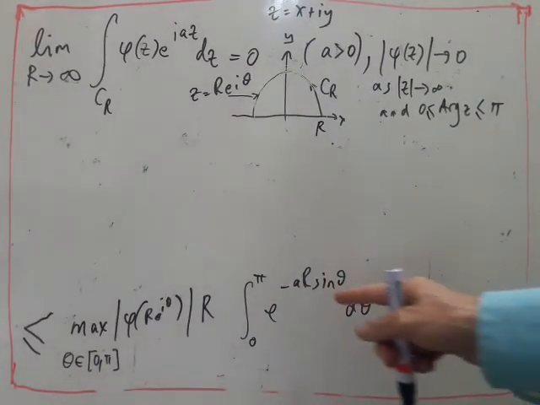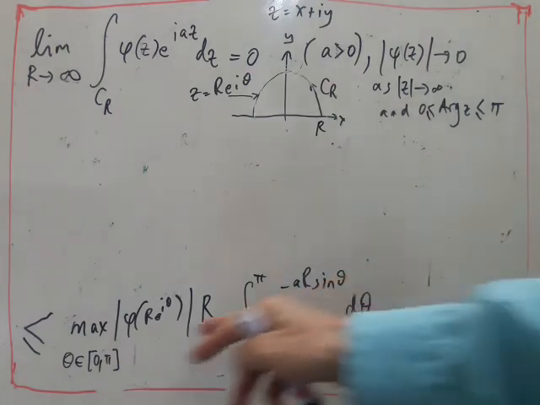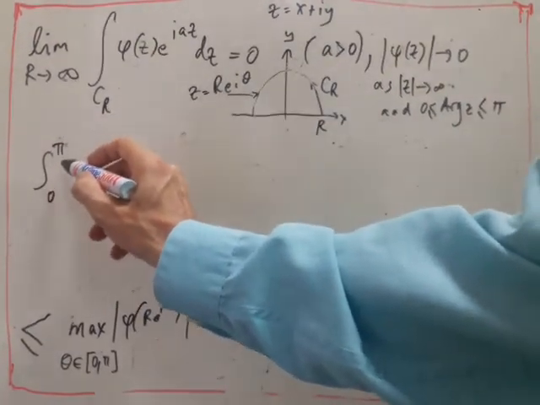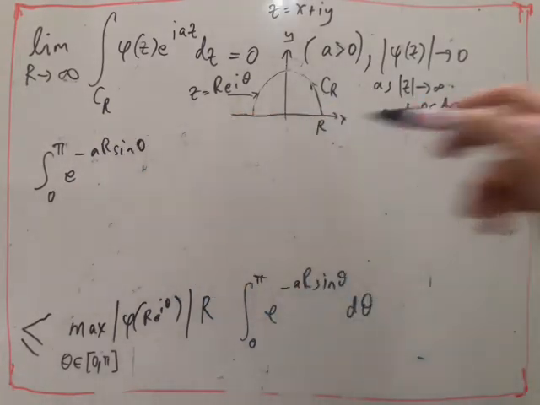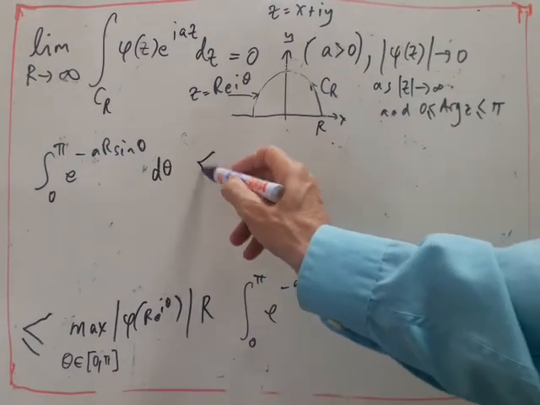Now the problem is that this integral here is too difficult to do, but I can again use the same trick and say that it is itself less than another integral that I can do.